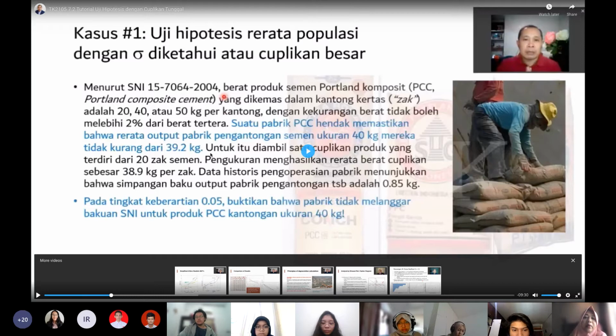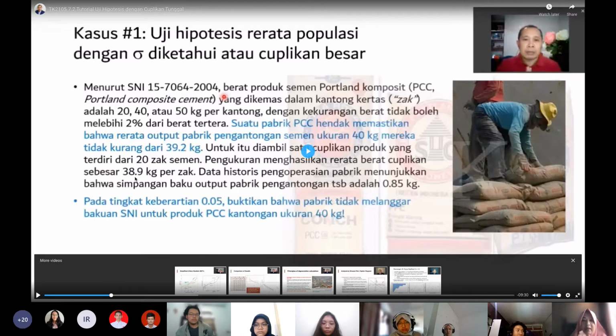To find that out, they take a sample. They take samples of 20 sacks of cement, and the samples show that the mean weight of the samples is 38.9.